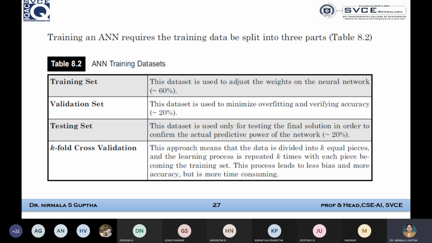The other 20% is testing. This data set is used only for testing the final solution, in order to confirm the actual predictive power of the network. Then the model will be ready to deploy. So this is about the ANN training data sets.